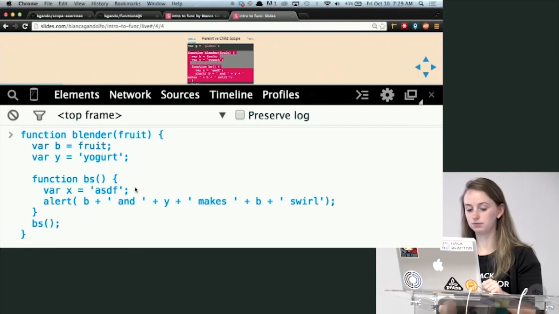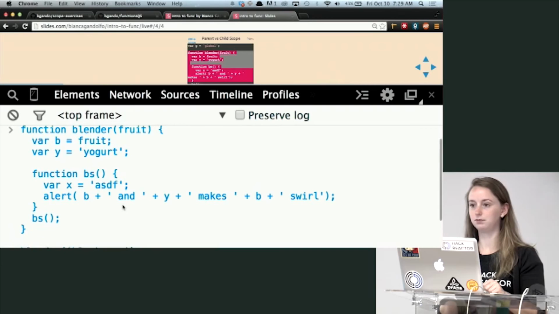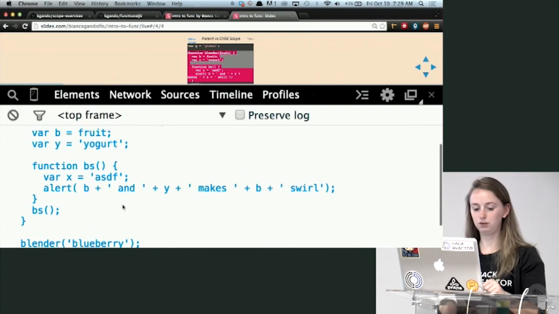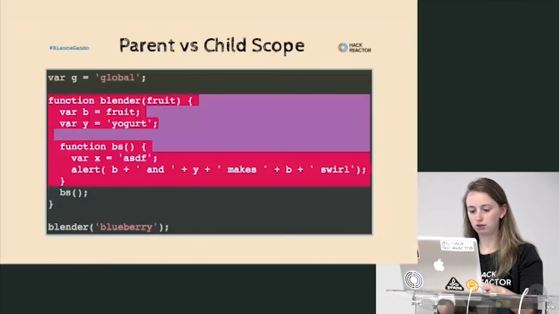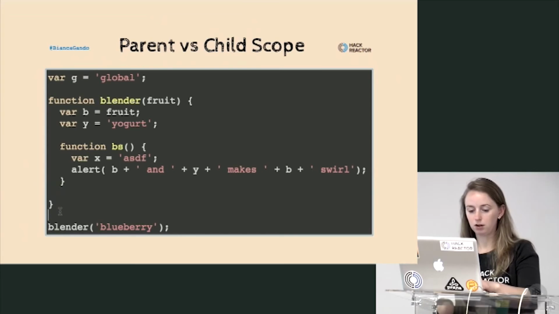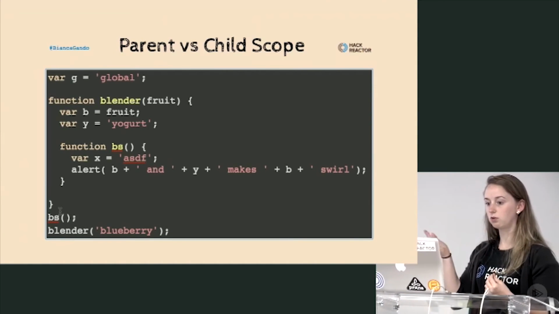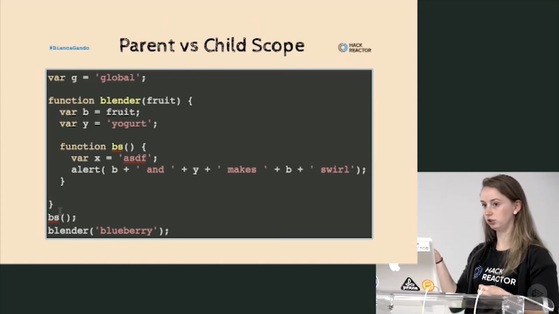If you move the BS invocation down 2 lines, will that work? No. The question was, if we move this BS call down here, would it work? And the answer is no, because the function BS is actually local to the blender function.